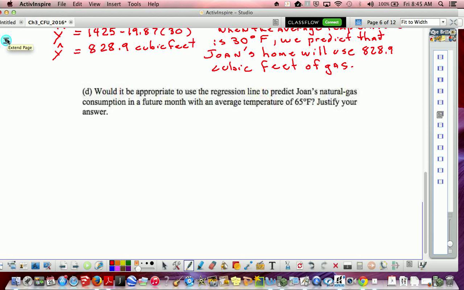Okay, justify your answer. So this is very much like in question B, is 65 within our spread? And in this case, it's not.